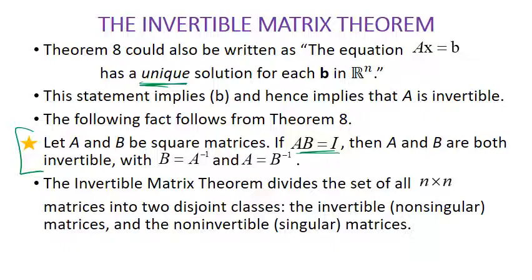So that means B is equal to A inverse and A is equal to B inverse. Okay, so it should make logical sense. The invertible matrix theorem basically divides items into 2 cases. It is either invertible or non-invertible.